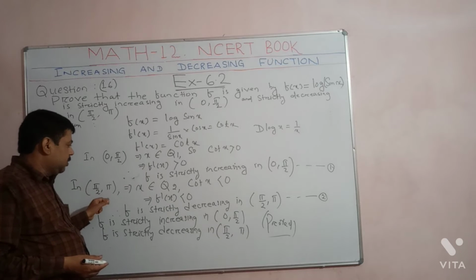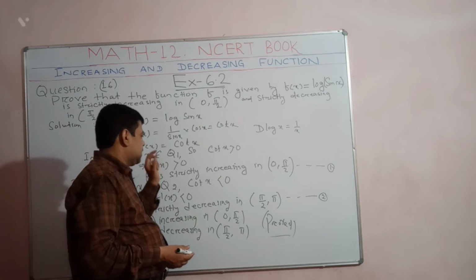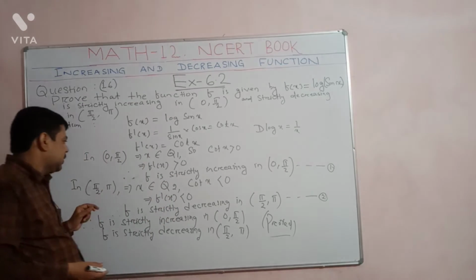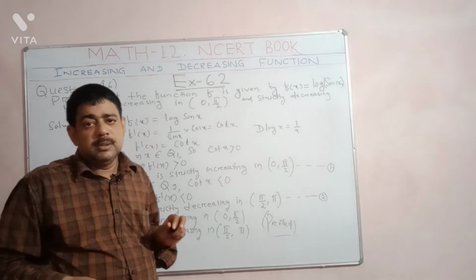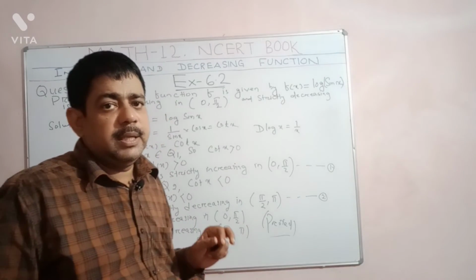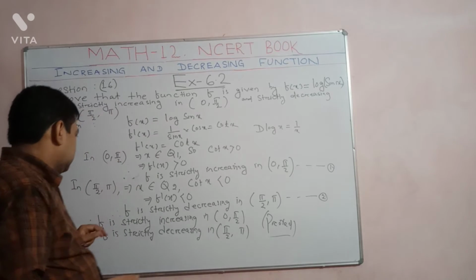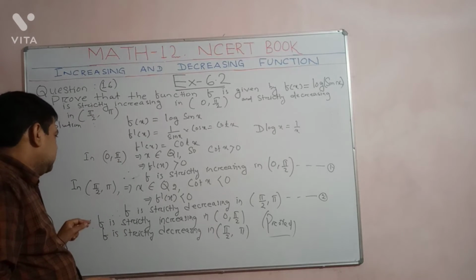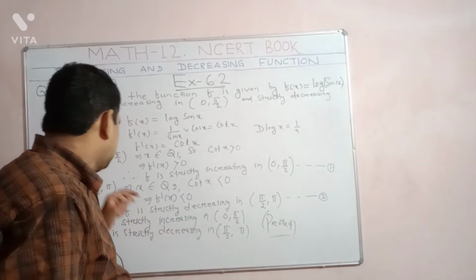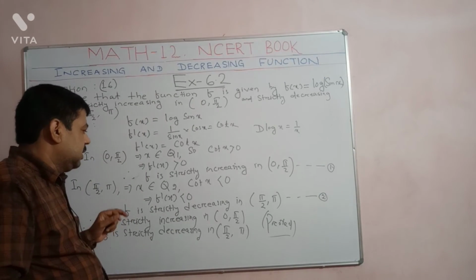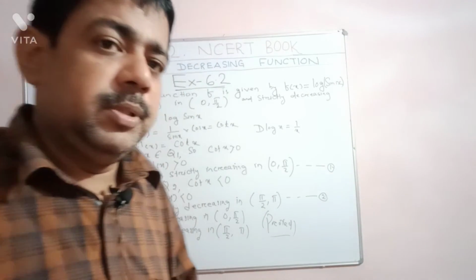And if for any domain the derivative f dash x is less than 0, it means the slope of the function is less than 0, then the function, all of you know, is strictly decreasing. Understand? Thus it is clear that in this given particular question, we proved that the function f is strictly increasing in the interval 0 to pi by 2, and the function f is strictly decreasing in the interval pi by 2 to pi. Okay, understand? Is it clear?